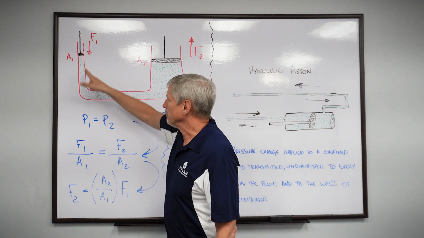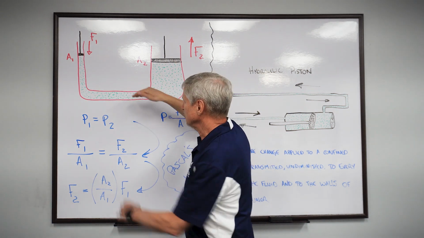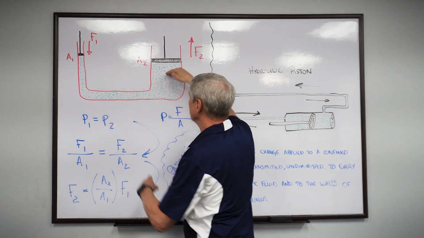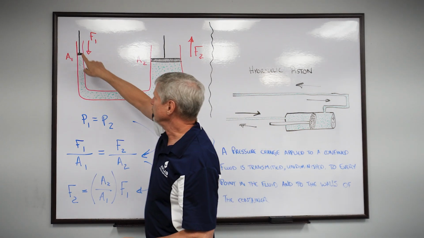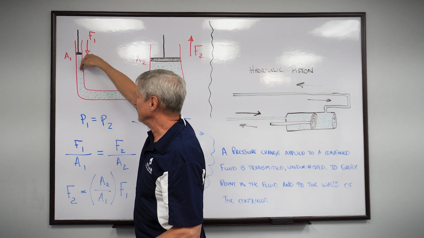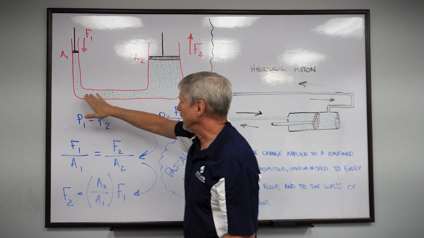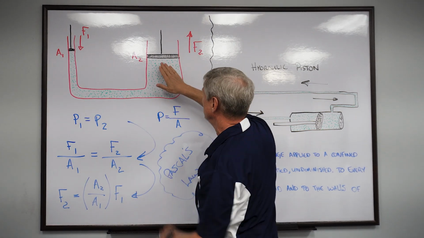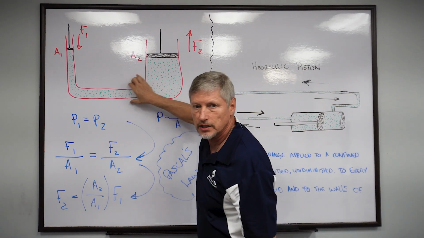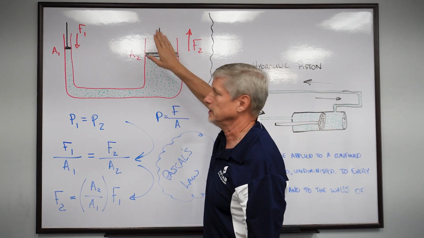Therefore, all the pressure that's applied to it will be transmitted throughout the system against the walls and against whatever it's pushing, right? So if we push down on this plunger here, all of the pressure and the force that's applied up here will be transmitted throughout this fluid system. And because the walls are fixed here, it will push up on this piston here.